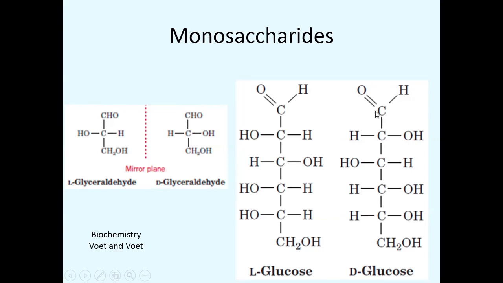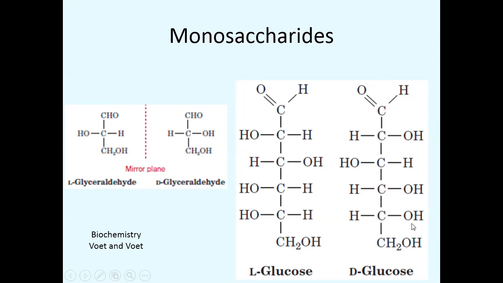Starting from the aldehyde or keto group of the monosaccharide, we look at the farthest chiral carbon. For example, in glucose, carbon 1 is the aldehyde. Carbon 2, 3, 4 and 5 are all chiral. The chiral carbon farthest from the aldehyde group is carbon 5.